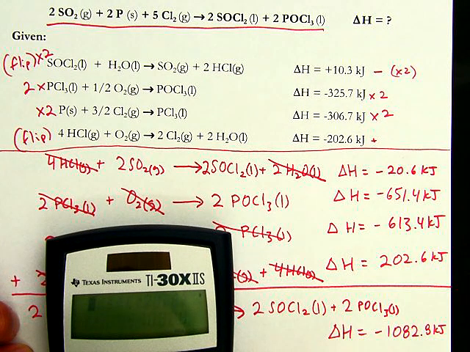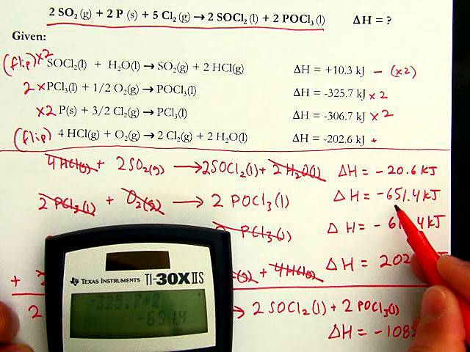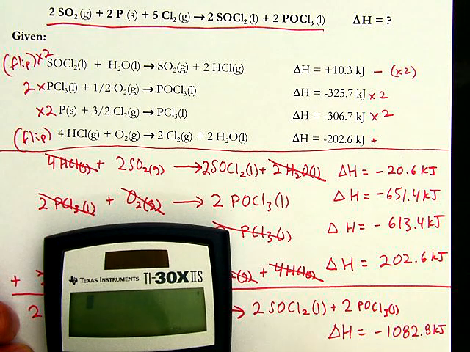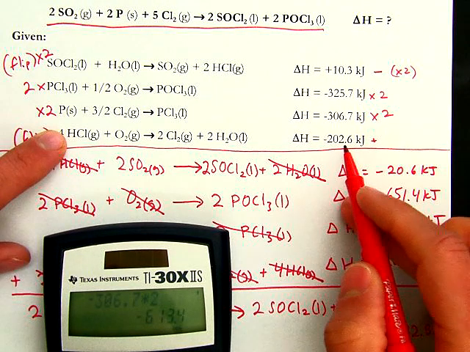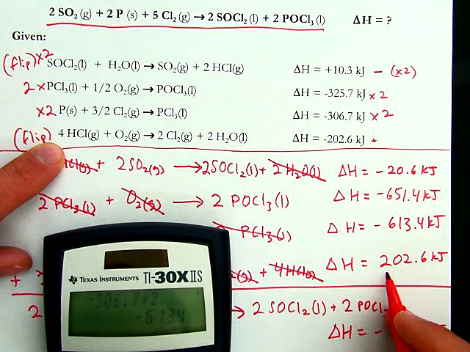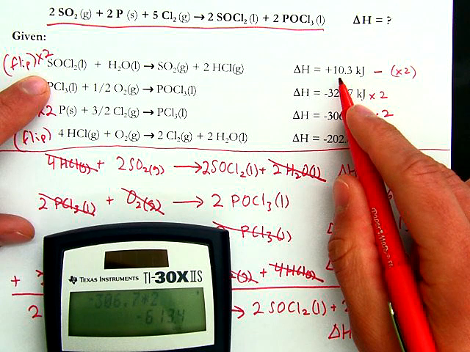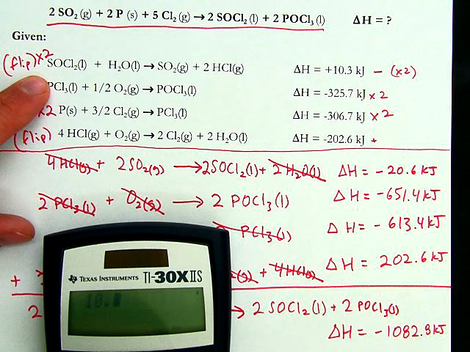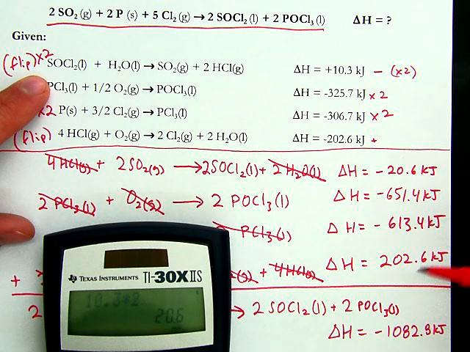Going to do a quick double check. On some of these, I'm not sure if minus 306.7 times 2, that's fine. This number gets flipped so that it's positive, that's fine. And this number gets flipped and times 2, negative. Yep, it should be fine.